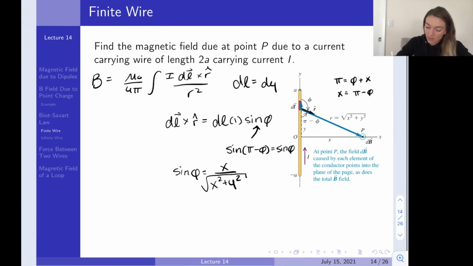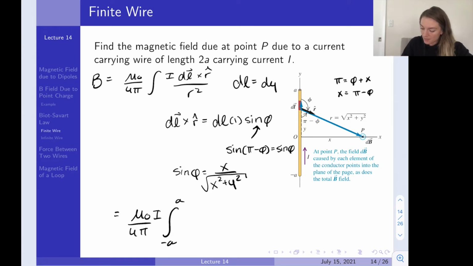So let's plug all of this into our formula. I'm going to factor out my I since it's just a constant. We're integrating from negative a to positive a since it's just a line. And then we have dy from the dl. We have x squared plus y squared from the r squared.